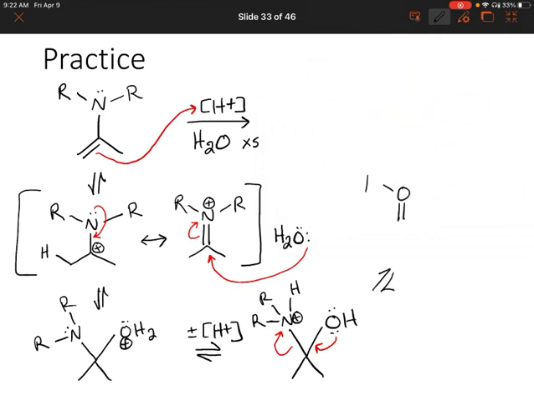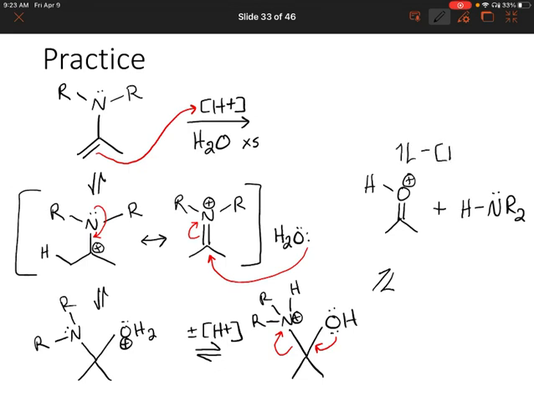All right, so now we've got almost our ketone there. We still have a protonated oxygen that we've got to deprotonate. And we've also reproduced our secondary amine there.